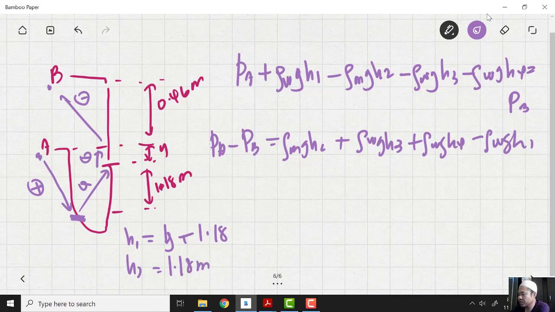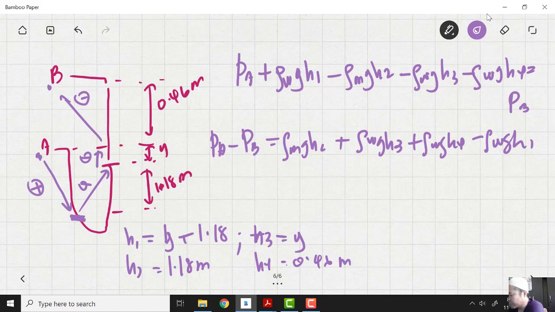And what is h3? h3 is here, y plus h3 equal to y. h4 is 0.46 meter.